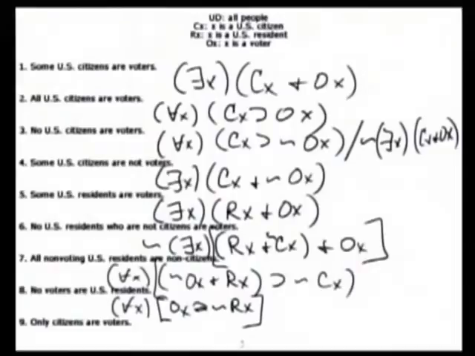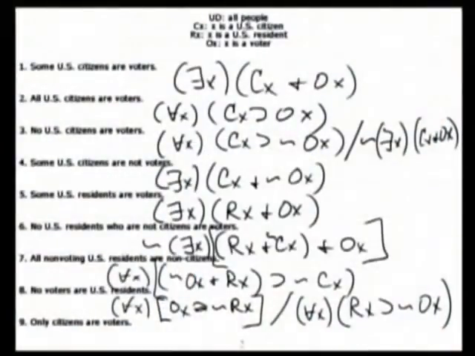There are other ways of doing this. Anyone have another suggestion? Okay, it could be not the case that there exists an X such that X is a voter and X is a resident. And finally, number 9, Greg.